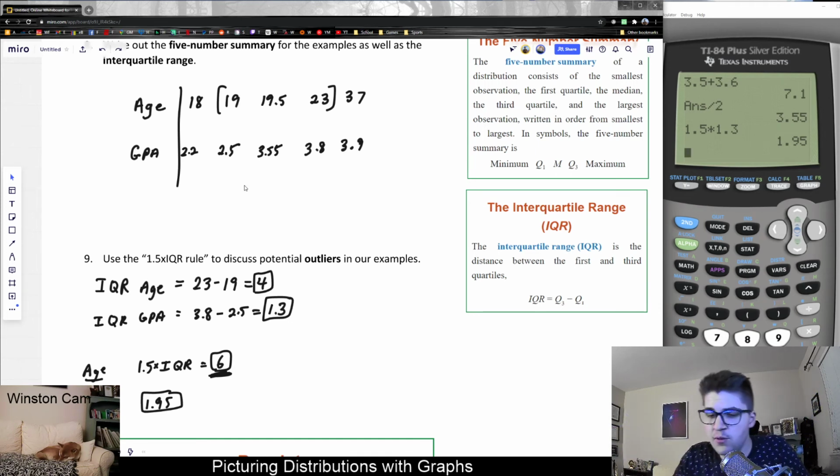If you were to take Q3 and add the 1.5 times IQR to that, it would be 29. And any value that's beyond that is considered an outlier. So 37 is much further away from that interquartile range than 29. It's way more than 6 more than 23. And that's why we'd say that 37 is indeed an outlier.